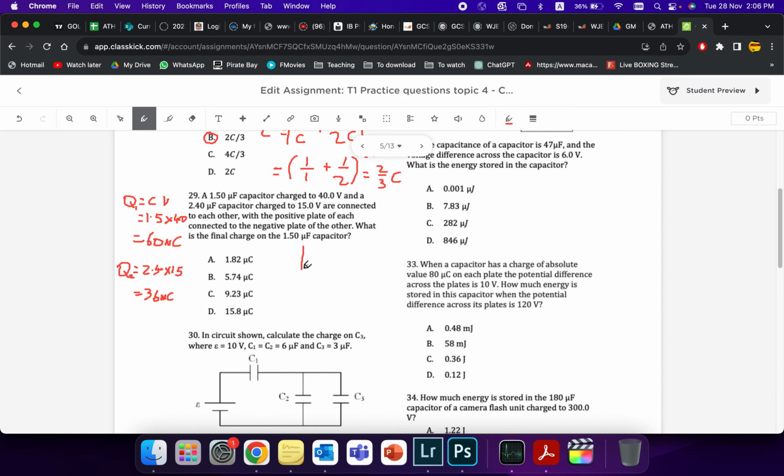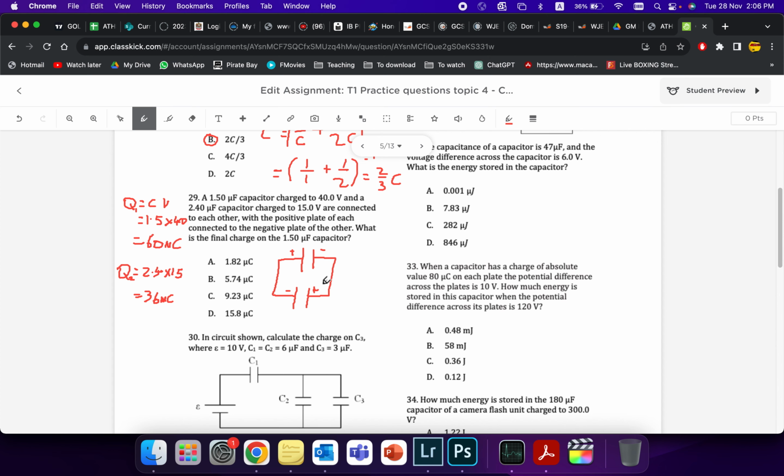How? It said one will be a positive side and one will be the negative, and I will connect them to each other. So I can draw it like this, and this negative is connected to the positive. And then minus. Okay, so what does that mean? Originally I had 60 here and I had 36 down here. So now what's actually happened is because it's the plus and the minus, the charges are able to move.